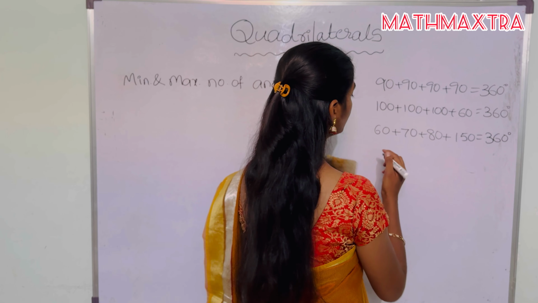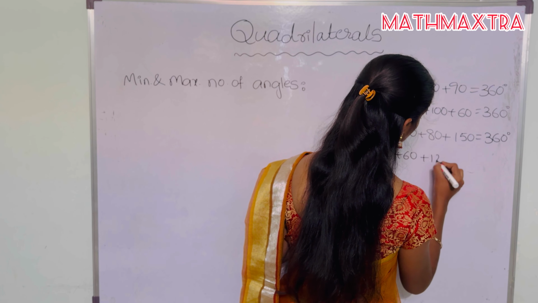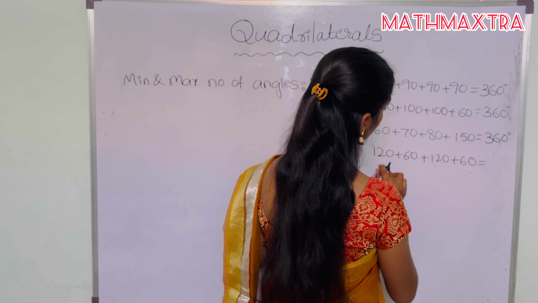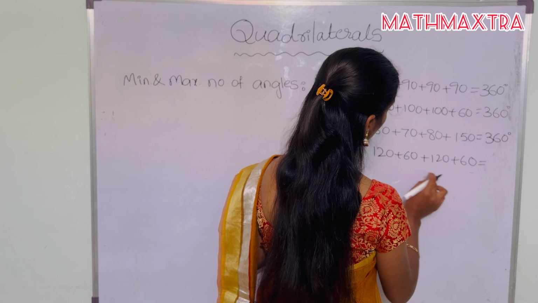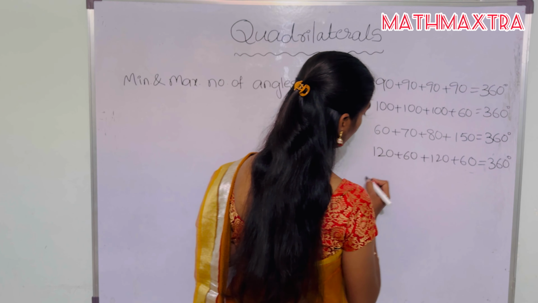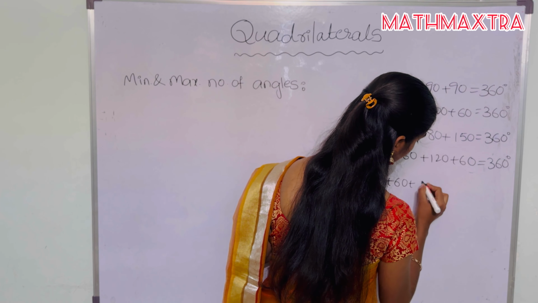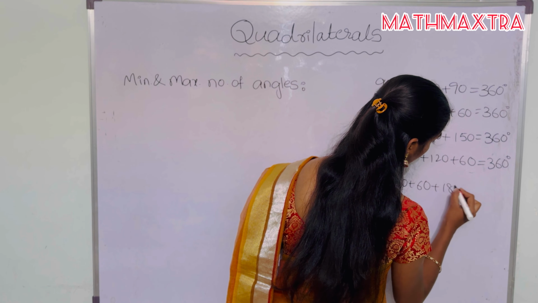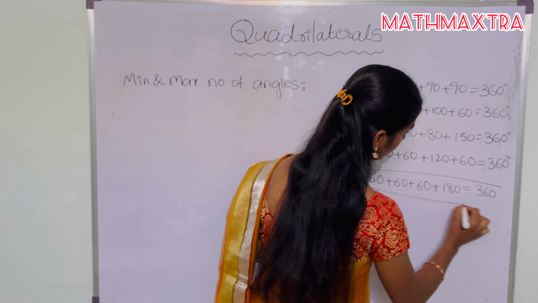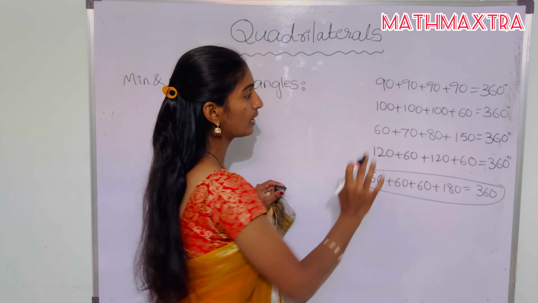And we have one more possibility, that is 120 plus 60 plus 120 plus 60, which is 180 plus 180, 360 degrees. And one more possibility, that is 60, 60, 60 plus 180, which is equal to 360. This is a different case, we will discuss at the end. And now we will discuss these four cases.